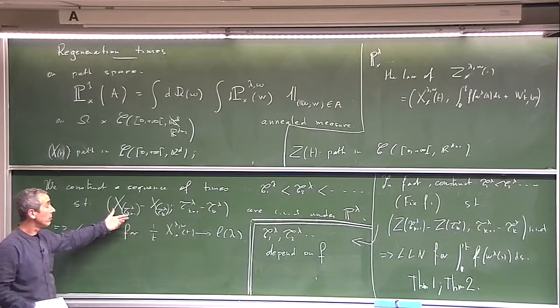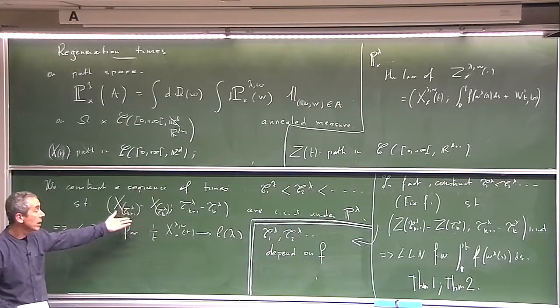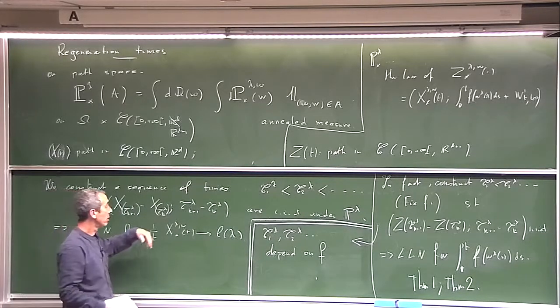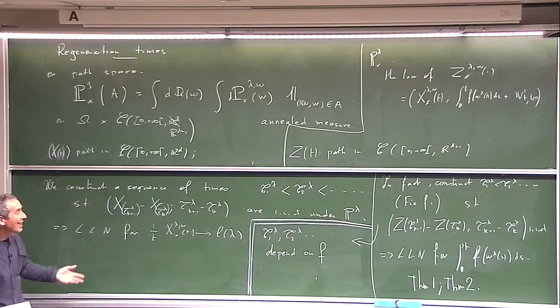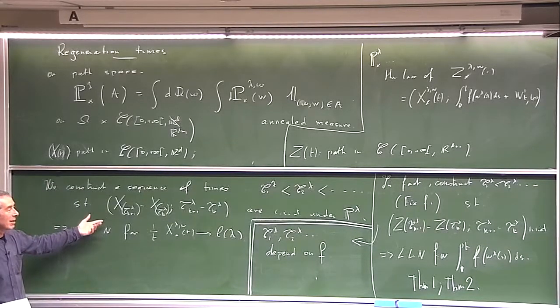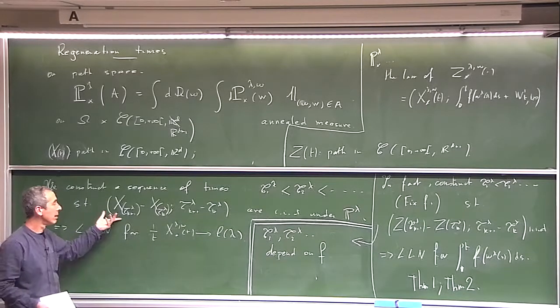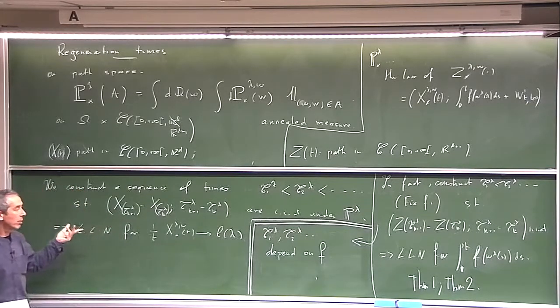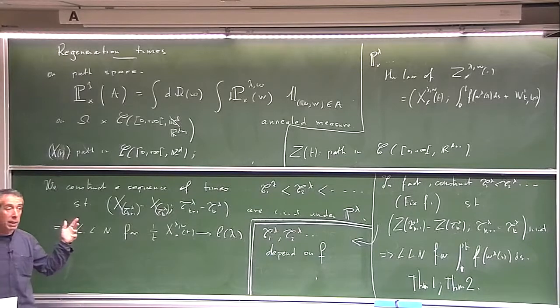So, actually, some regeneration property. Now, this goes back to, I don't know exactly where. At least, I think that there is, in particular, one paper by Kesten where this is used in the case of random walks in random environments in dimension 1.